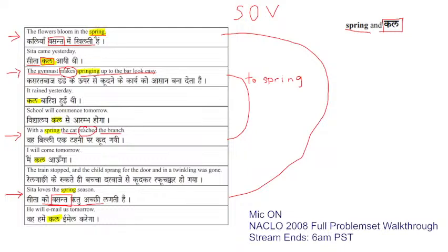And then with a spring will either come at the beginning or at the end. I'm just eyeballing that area. And then for this one, springing up to the bar look easy is the object, so it has to come in the middle of the sentence. So let's just underline this area and try to find something that's common between the two sections.